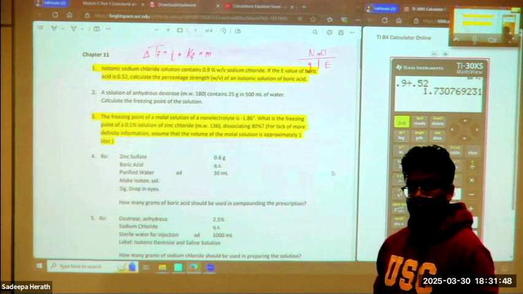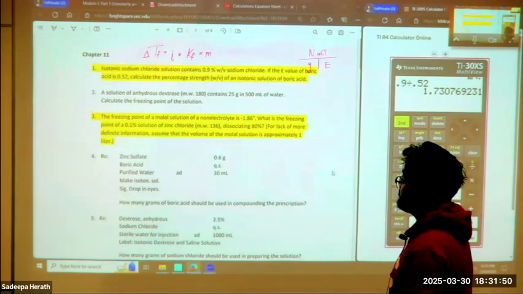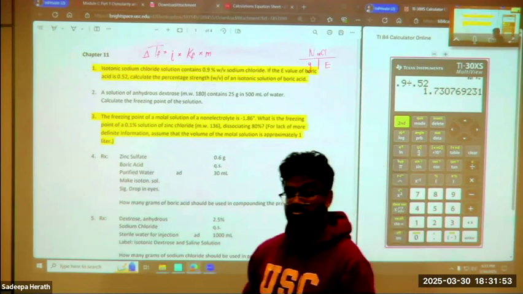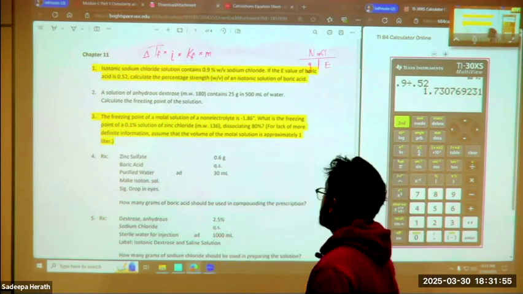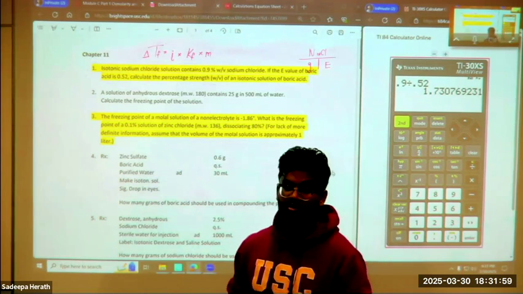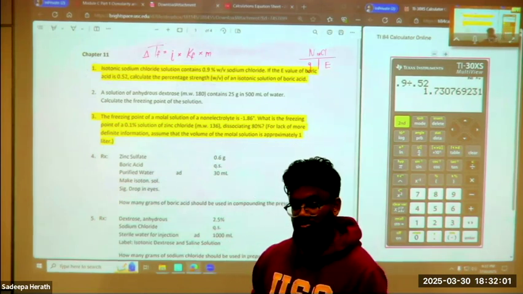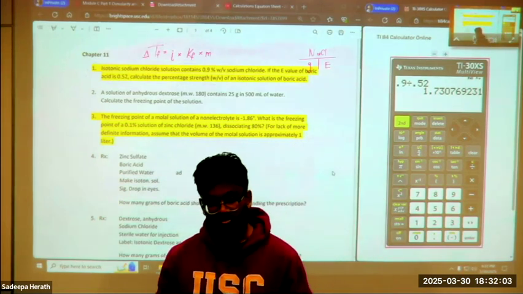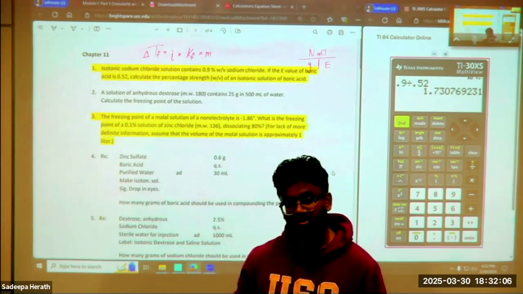Okay, so let's just describe each factor right here, right? So delta TF is our freezing temperature, or change to freezing temperature. I here is called the Van't Hoff factor, and it's just telling you how many particles there are in a solution once dissociated in water.